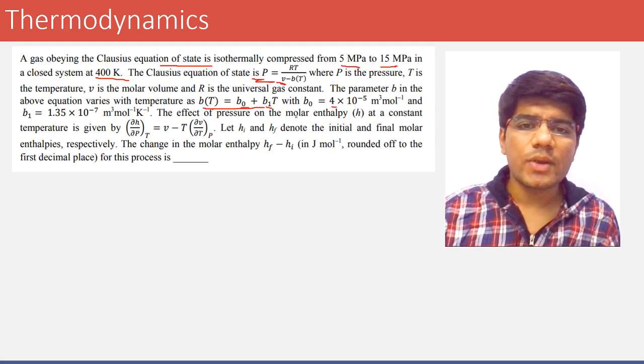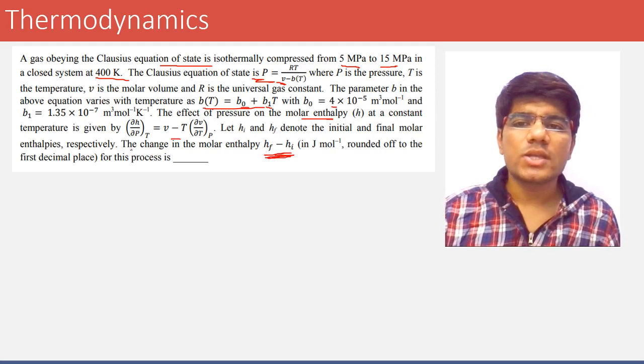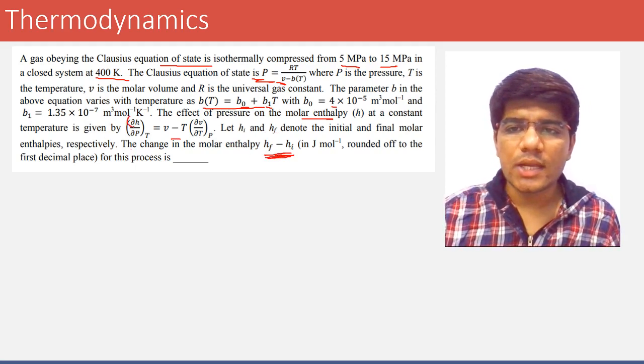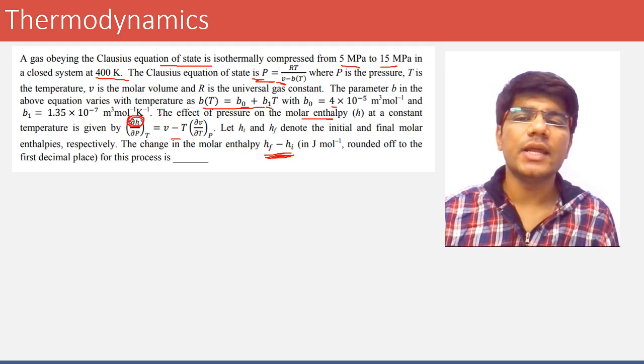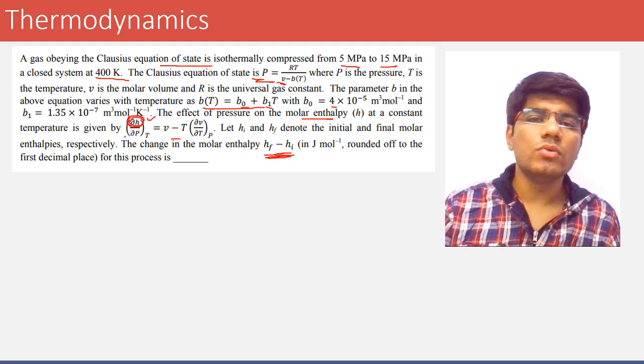The effect of pressure on molar enthalpy is given by this equation, and we need to find HF minus HI, that is, this delta H.